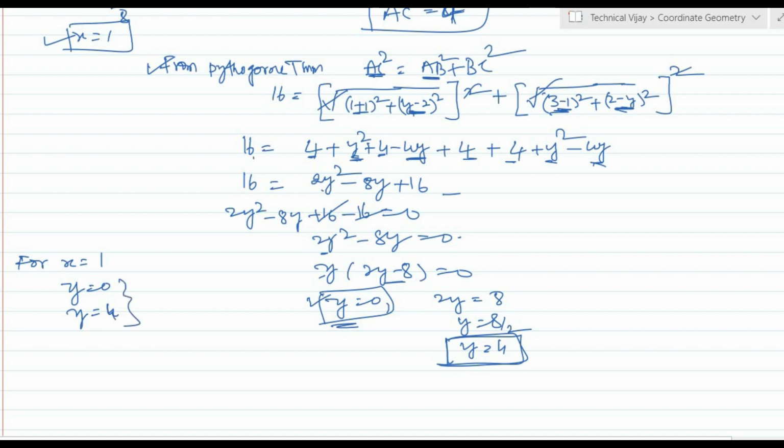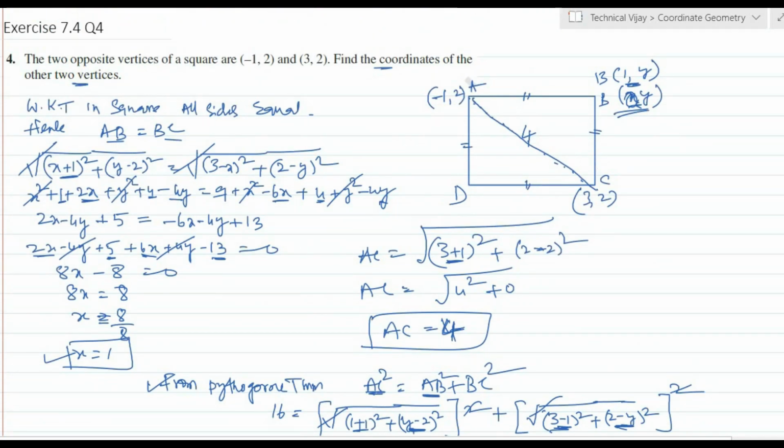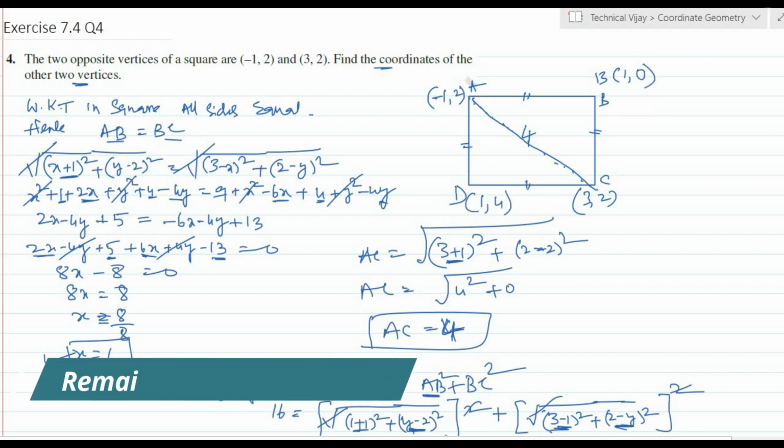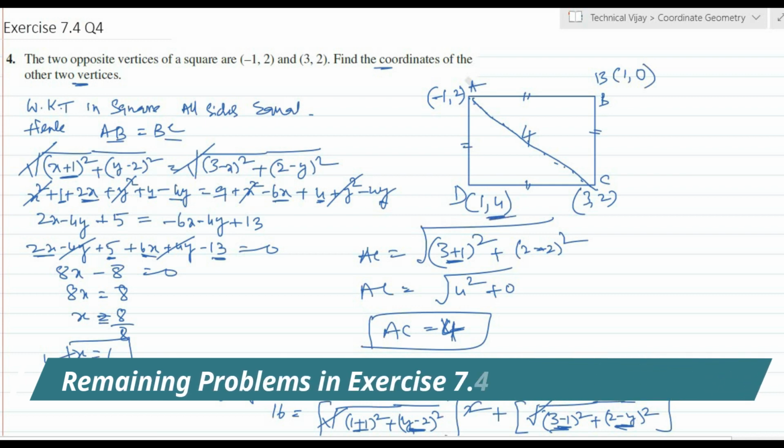So the other two vertices are (1, 0) and (1, 4).